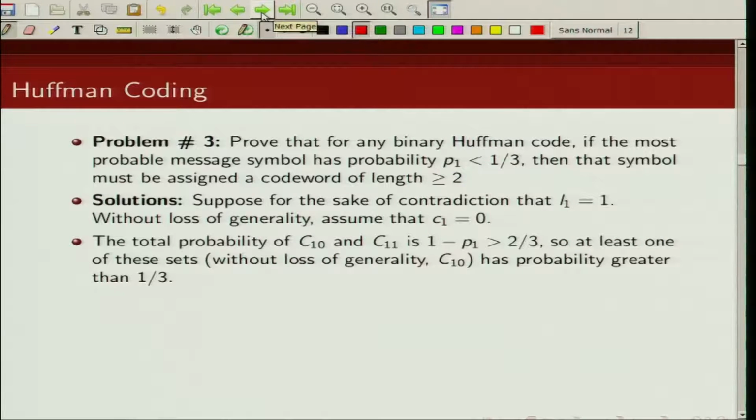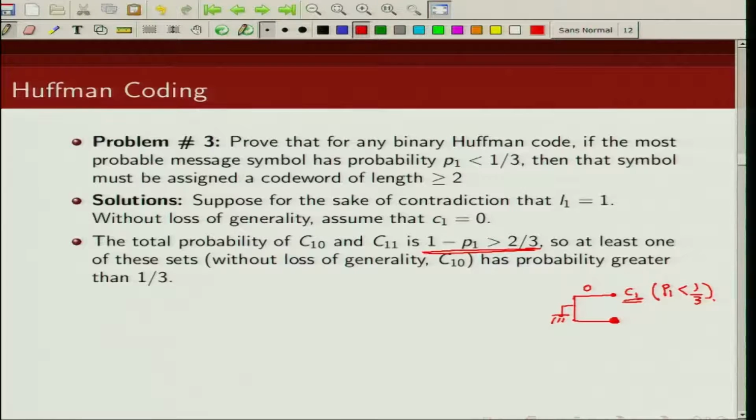Now if this is so, let's draw this tree again. This is corresponding to 0, which is C1, which has probability P1 less than 1 by 3. So if you look at the probability of this other node, if this has probability less than 1/3, then this particular node has probability greater than 2 by 3.